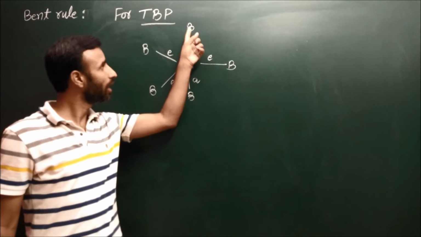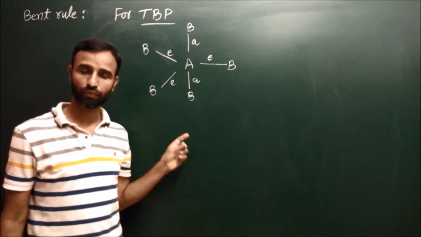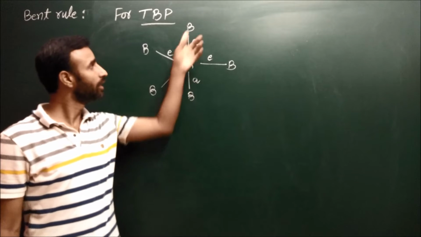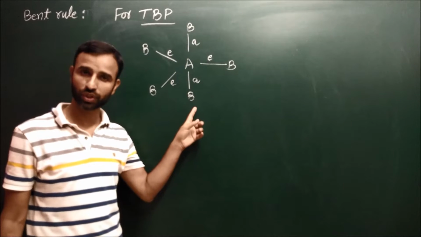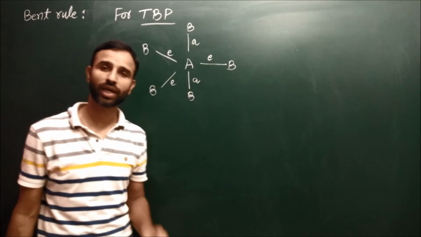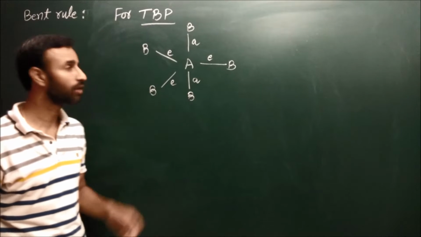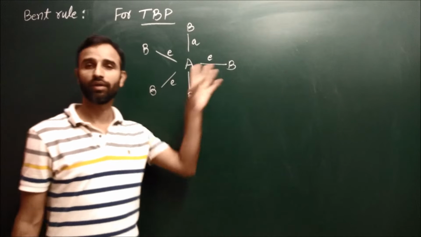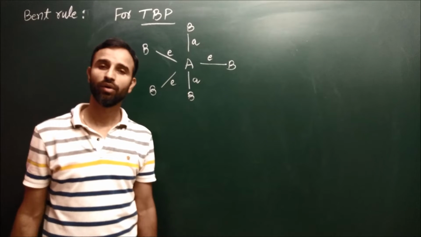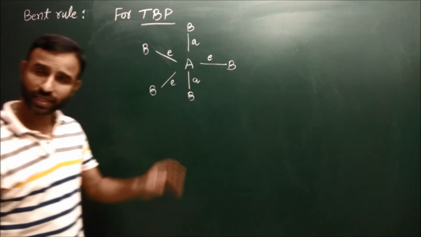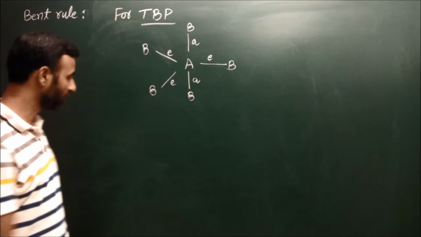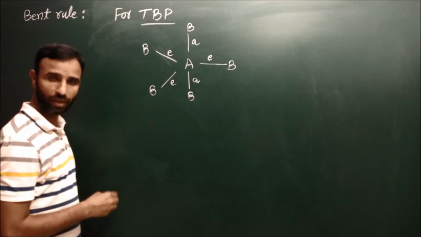Now, the more electronegative atom prefers to stay in the axial positions and the less electronegative atom or lone pair prefers to stay in the equatorial position. Why is it so?